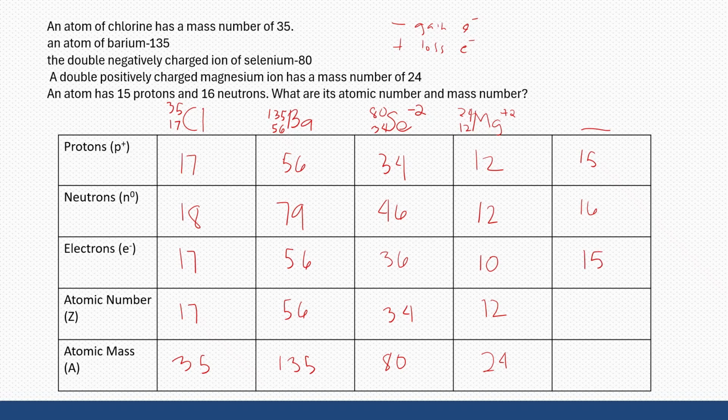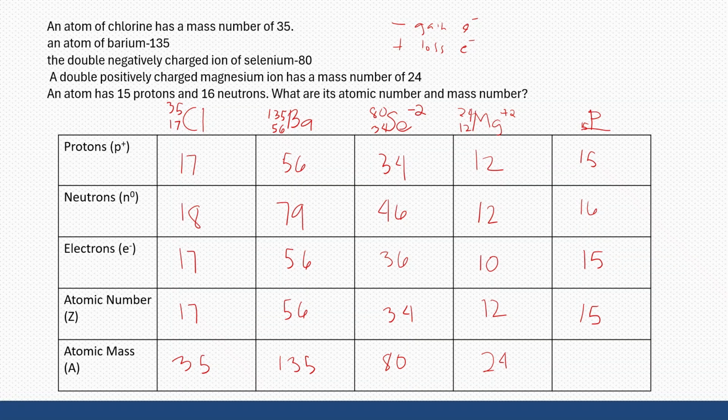Okay? Now, for the atomic number, 15, protons is the same as the atomic number, right? 15. Now, what is element 15 in the periodic table? It is phosphorus. Okay?